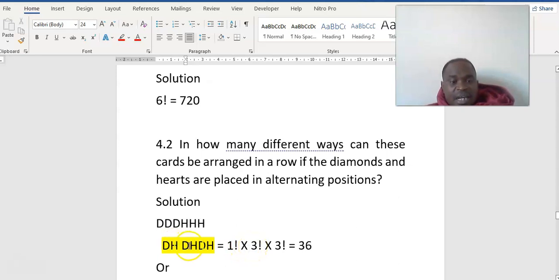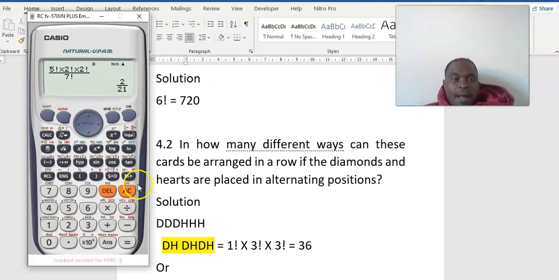Then the hearts can also swap. This heart may come first and this will follow, like that. So how many hearts do we have? 1, 2, 3. So this is 3, and it's going to give us what? 3 factorial. Let's press that on the calculator. Where is my calculator? Here you are.